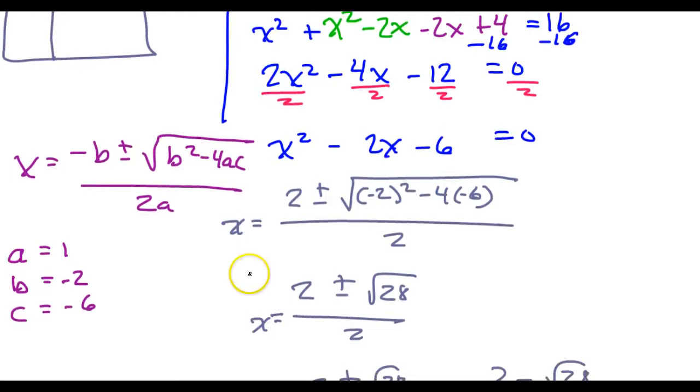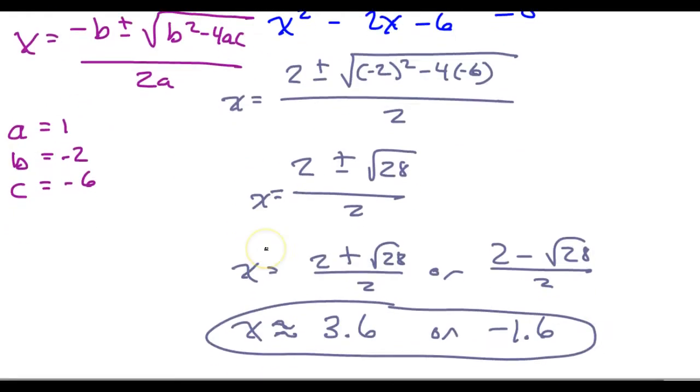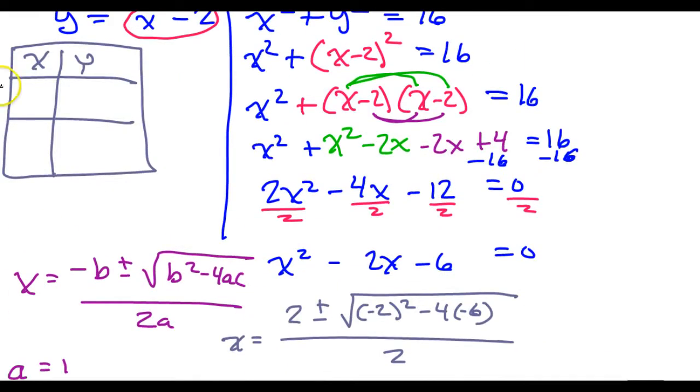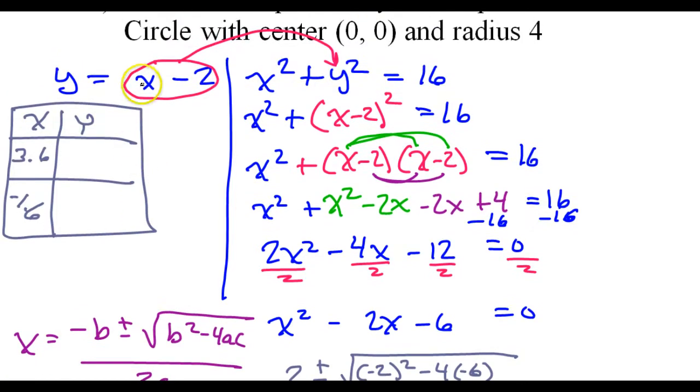Okay, so my x values are 3.6 and negative 1.6. Now, to find the y value, I'm going to use this equation. So the y value will be the x value minus 2.